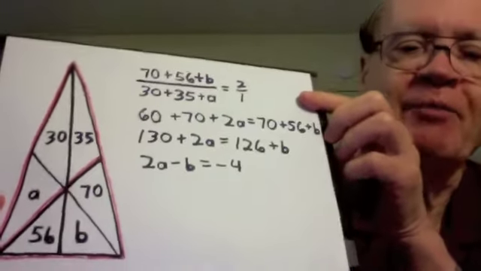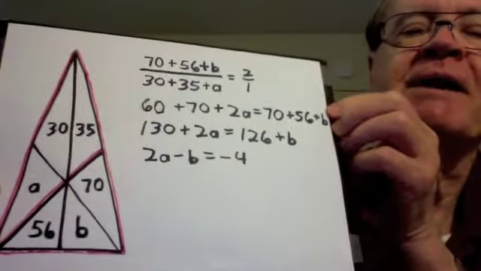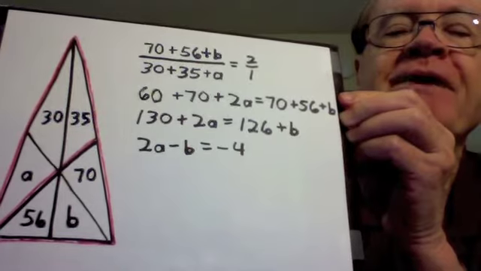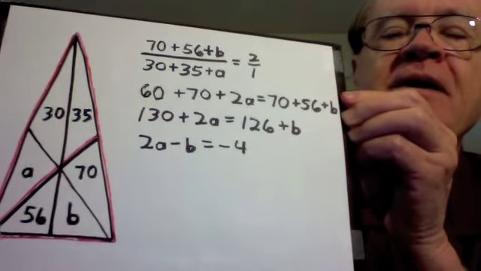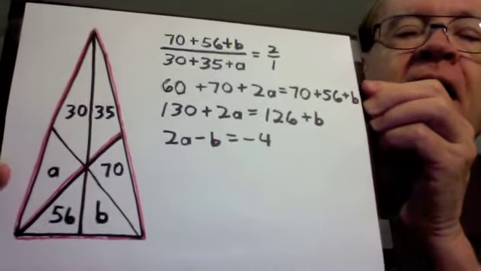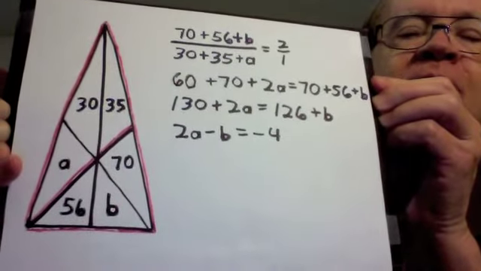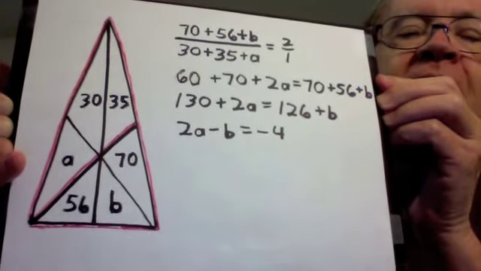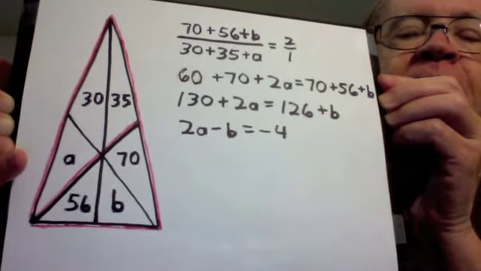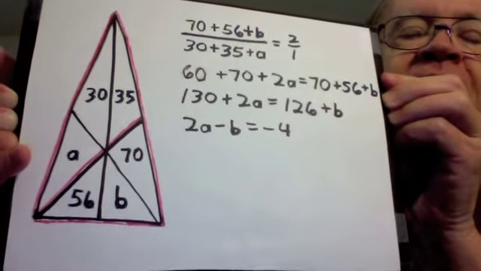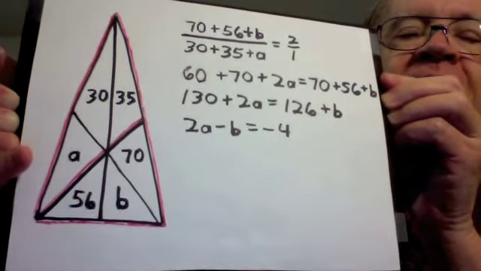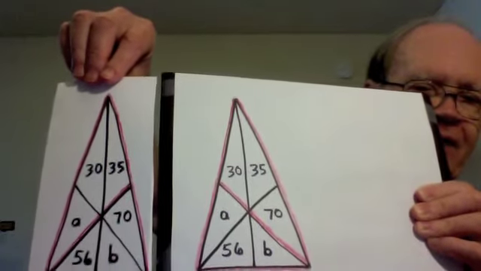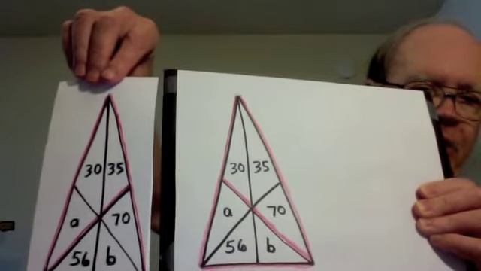I cross multiply that proportion and I get 60 plus 70 plus 2A equals 70 plus 56 plus B. Simplifying on both sides, I get 130 plus 2A equals 126 plus B. I subtract B from both sides, and I subtract 130 from both sides, and I get this equation: 2A minus B equals -4.